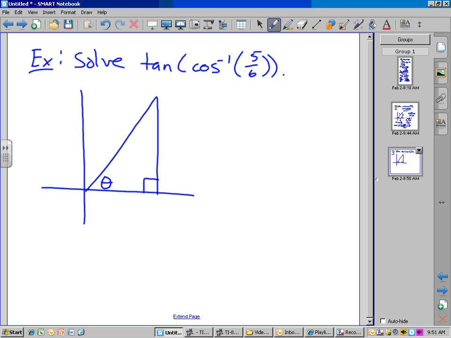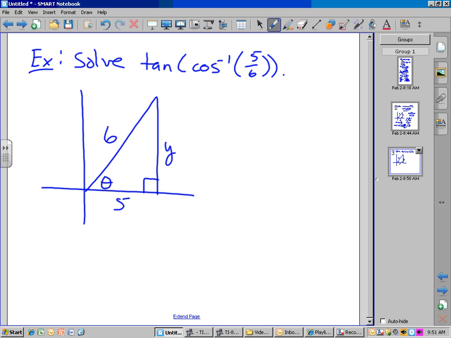Immediately, we draw the triangle. Inverse cosine tells us what sides we have. What sides are represented by cosine? You see what I did there? It comes directly from this inverse here. Adjacent over hypotenuse.